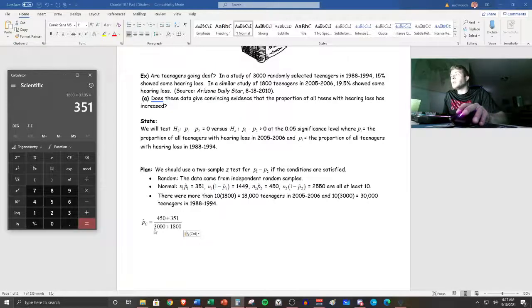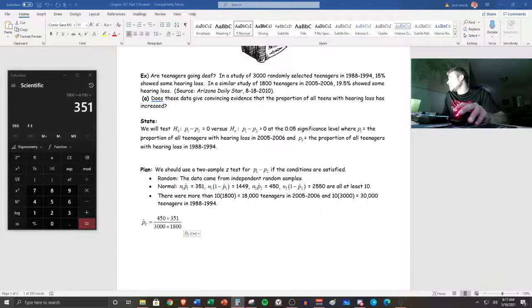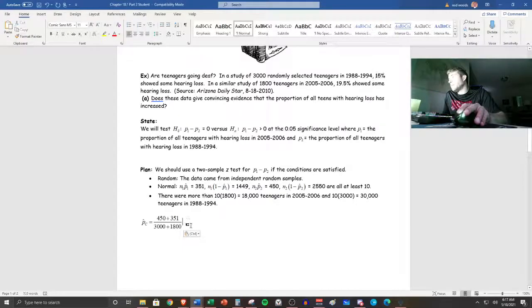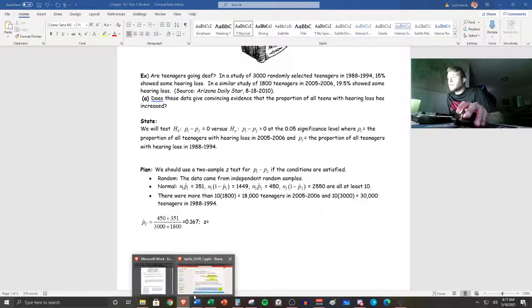And then of course, n is the sample sizes for each. So we get that, and that's going to equal 0.167. Okay, so that's that p hat sub c. So now we're ready to find our critical value. Okay, so we're using this formula here.